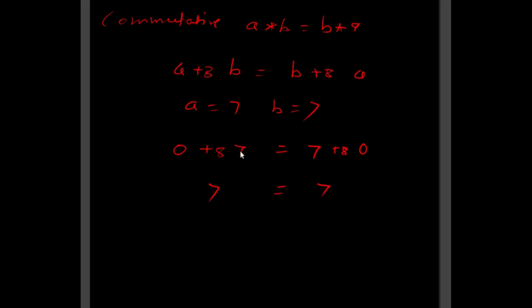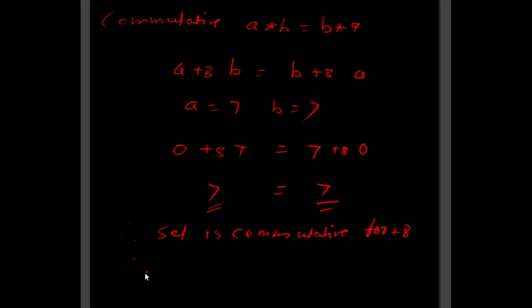And 7 plus 0 is 7, 7 mod 8 is 7. So it gives you the left hand side and right hand side as the same. So this set is commutative for the operator addition modulo 8.